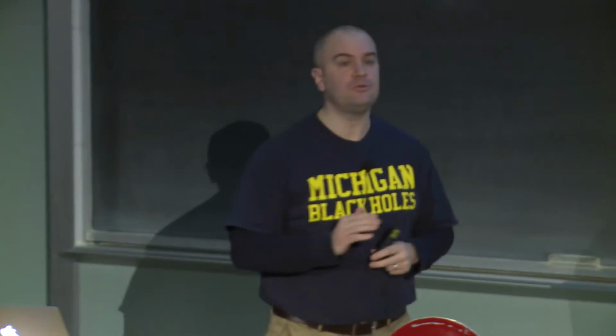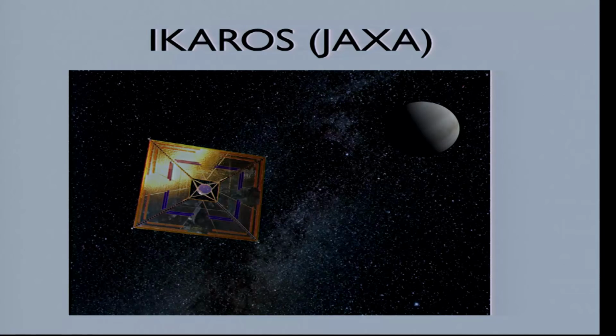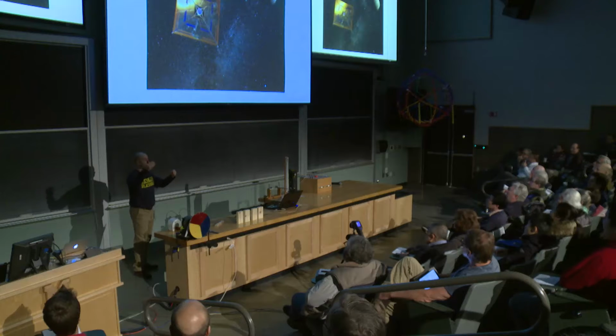And if that seems weird, I assure you it works. This is an artist's conception of the Japanese Space Agency's IKAROS mission, which had a host of different experiments on it, but it found its way out into the outer parts of the solar system by deploying this huge solar sail and letting radiation from the sun push on that sail.